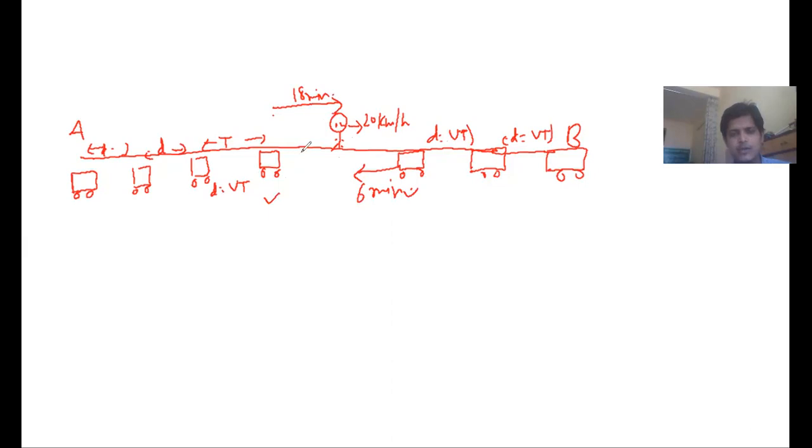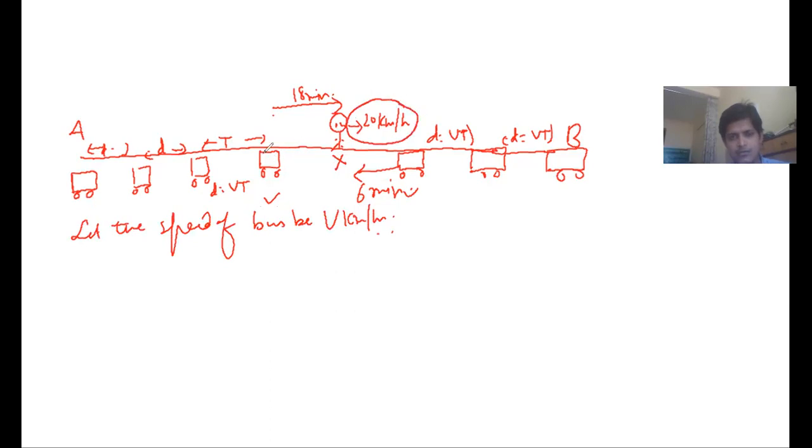Let the speed of the buses be v kilometers per hour. With respect to the man, we need to bring the observer at rest. So we have to add this velocity in the opposite direction.